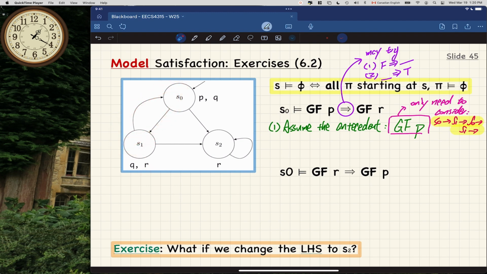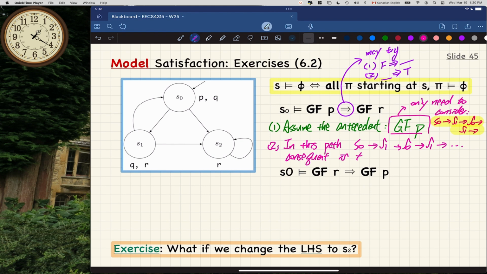So now you can say, number 2, in this path, which is S0, S1, S0, S1, the consequence is actually true. Because S1 over here always satisfies R. So you will get infinitely often into S1, and all of these satisfy R. So that'll be enough.